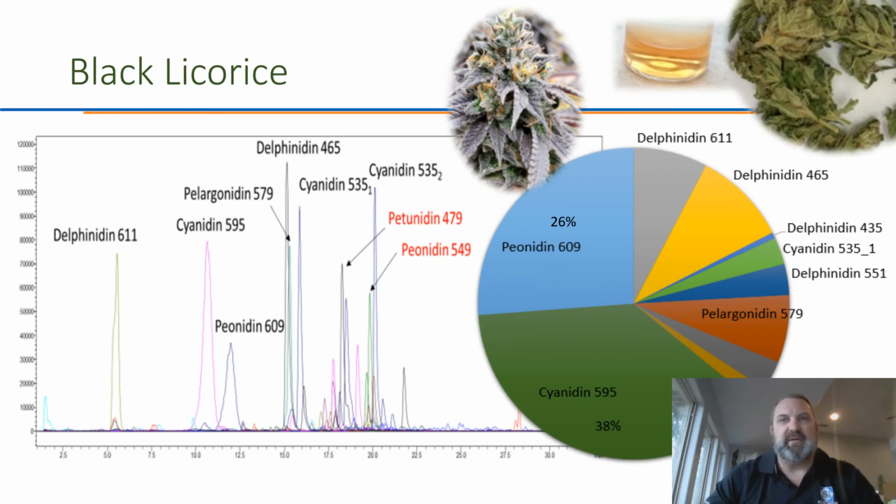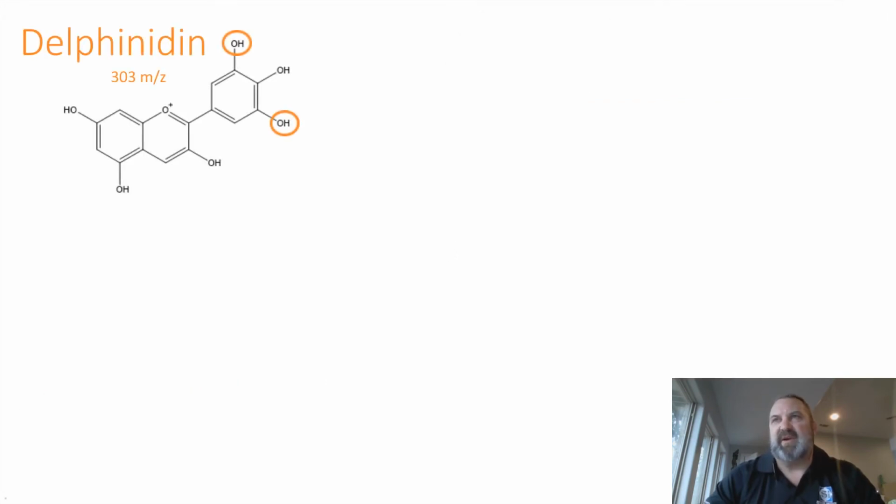You'll notice that there are a number of things that are, say, the same thing. On the top right, you see delphinidin 611, delphinidin 465, delphinidin 435. I just want to show you very quickly what's happening there. So we have this parent delphinidin, which is defined based on having those hydroxyl groups in those positions, 303.